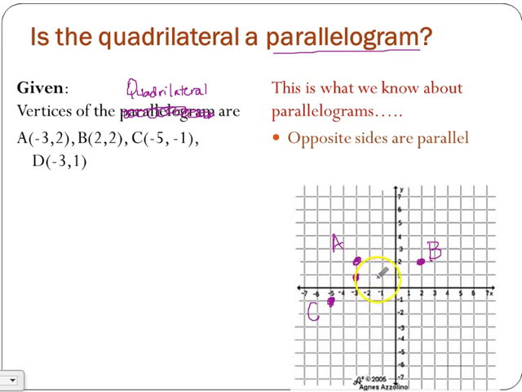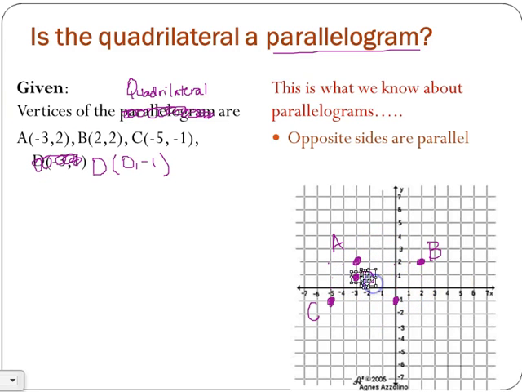So, is that right? -3 up 2, that's A. B is at 2, 2. C is at -5, -1. And D is at -3, 1. So that really doesn't even look like a parallelogram when we plot them. So right away we could probably tell we're not dealing with a parallelogram. Something just looks weird.